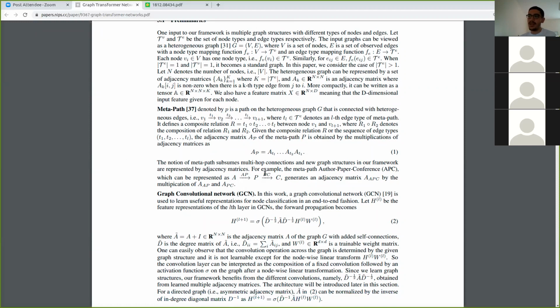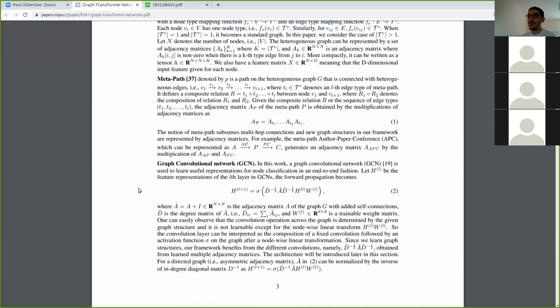As it says here, as an example, you could take the adjacency matrix for author-paper edges and paper-conference edges and matrix multiply them, and then you have the adjacency matrix for your metapath graph structure.